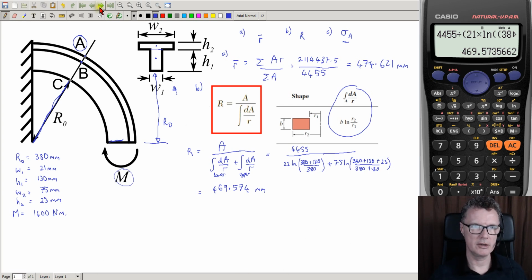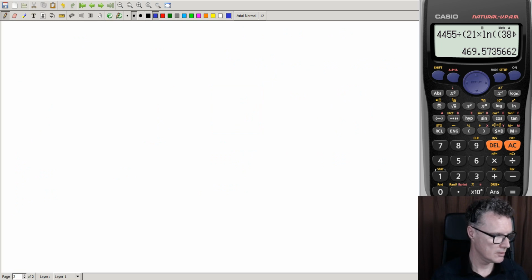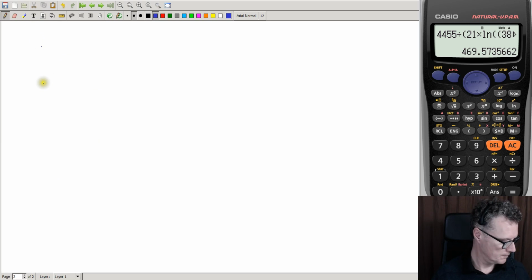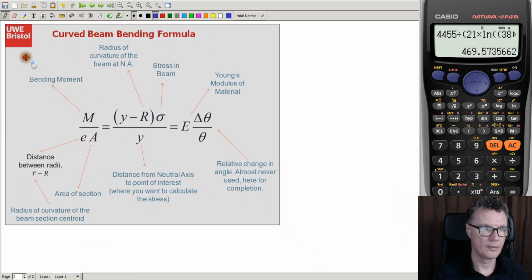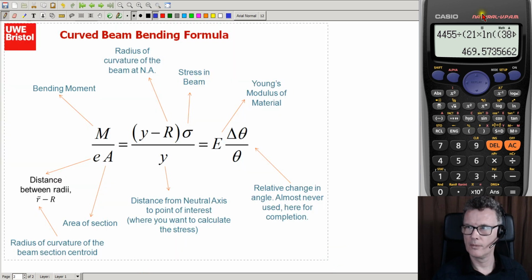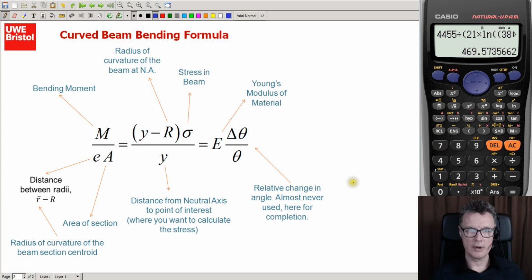I'm going to go to a new page. Right, so you got an expression like that. And you notice that this has got y's in it. So y is the distance from the neutral axis, which we found.